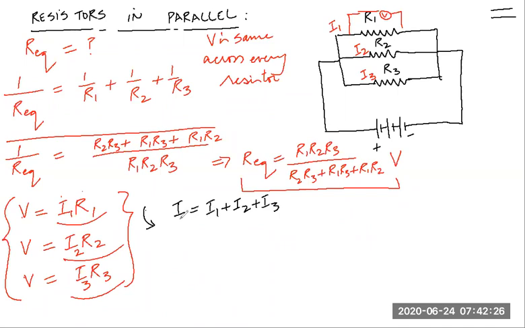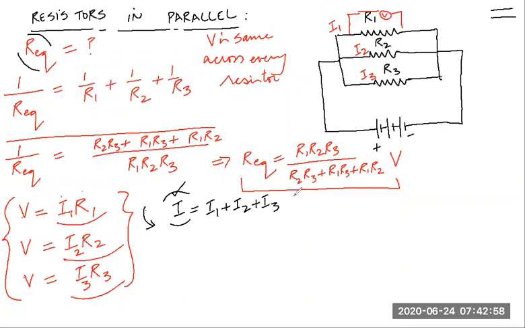I is the current flowing in the whole system. And how can we visualize the current flowing in the whole system? By reducing the whole system of three resistances to one resistance, and that resistance would be equivalent resistance, and we have already stated 1 by R equivalent is equal to 1 by R1 plus 1 by R2 plus 1 by R3.